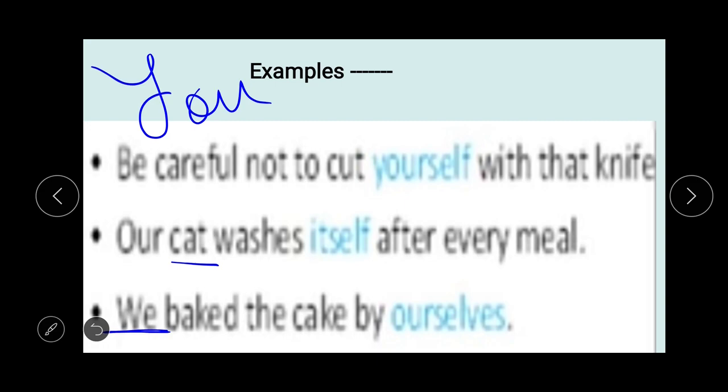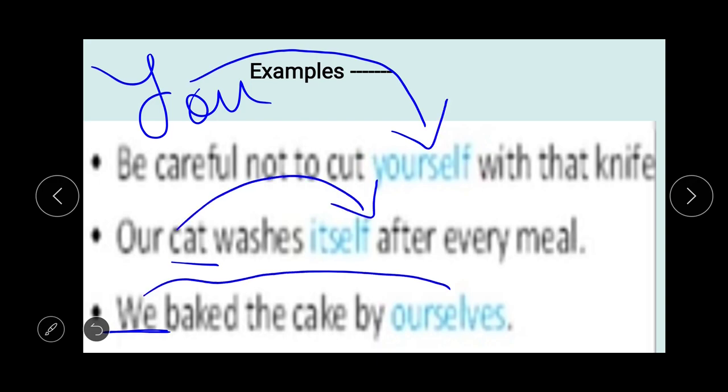So students, you can also see that some words are being highlighted here, and the subjects are related with these highlighted words. These highlighted words are the objects in these sentences. You can see you, and its object is yourself.